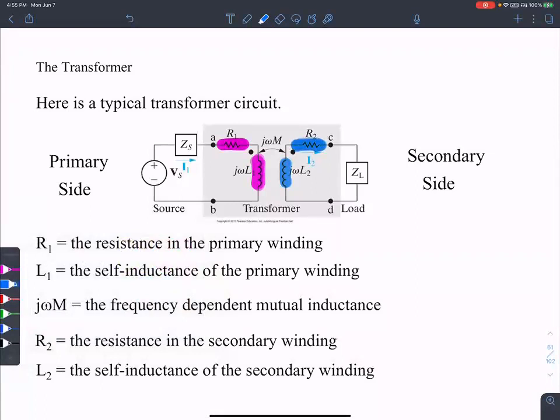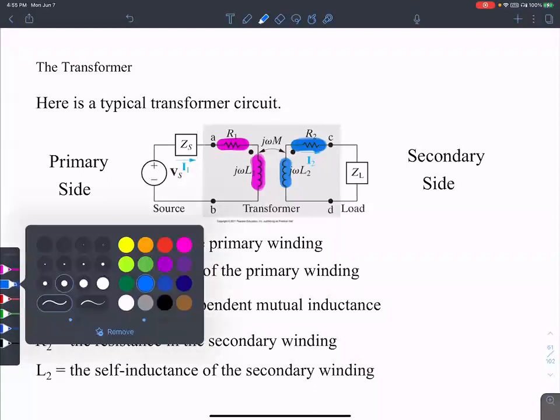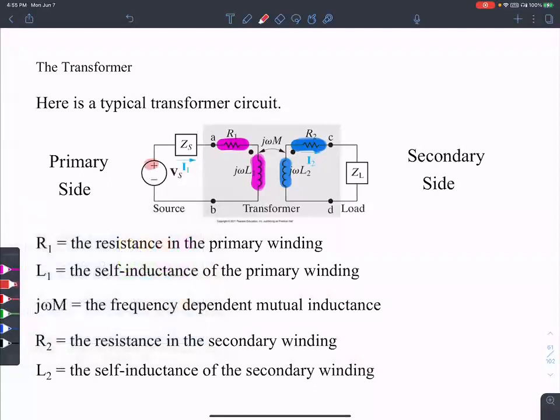Then let's say I'm trying to apply an input signal. Now an input signal source is not ideal, but it has an impedance of its own. An ideal voltage source is not possible. It has some resistance.